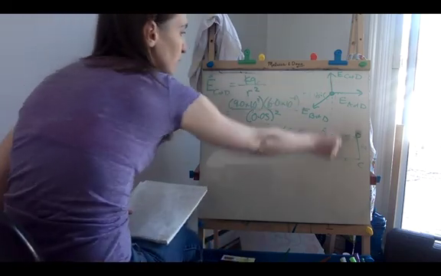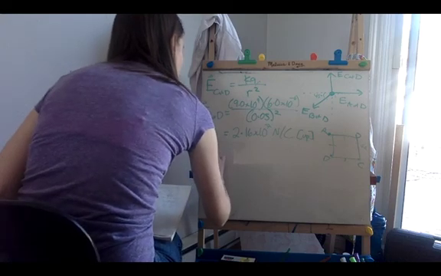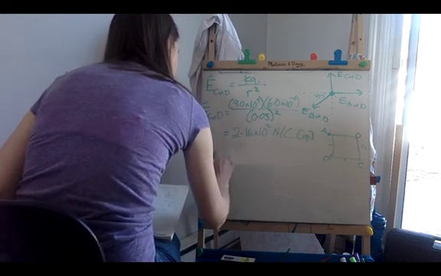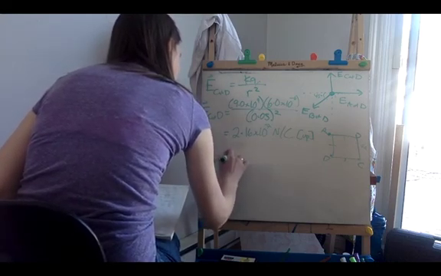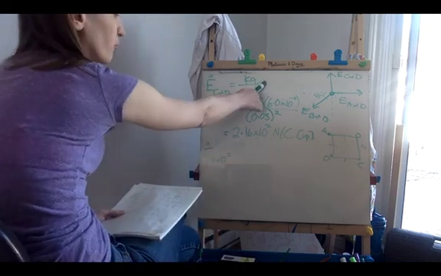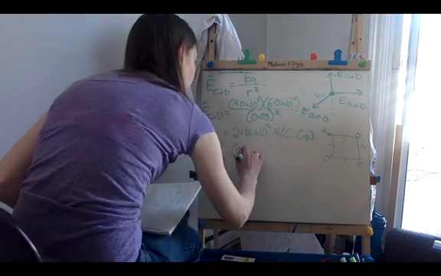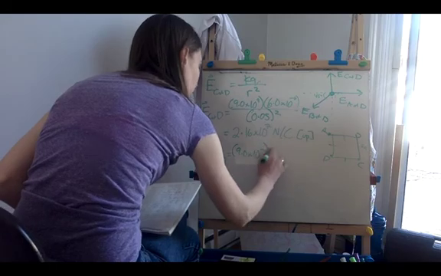Then we can do the same thing for the electric field intensity that A has at D. Same idea, same formula. It's still going to be that 9.0 times 10 to the 9 for our Coulomb's constant.